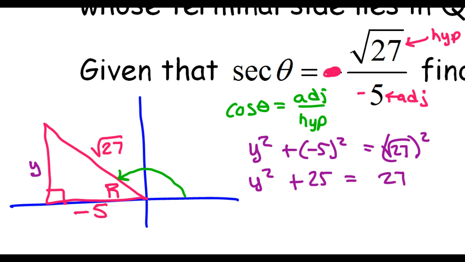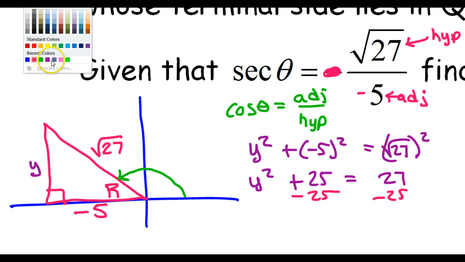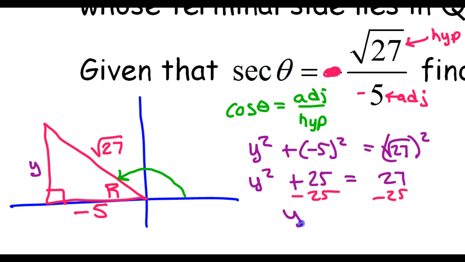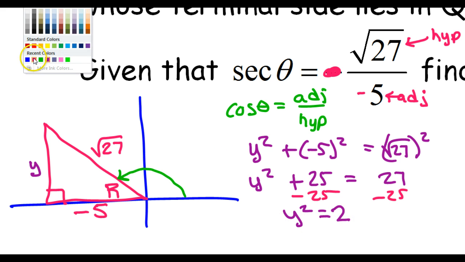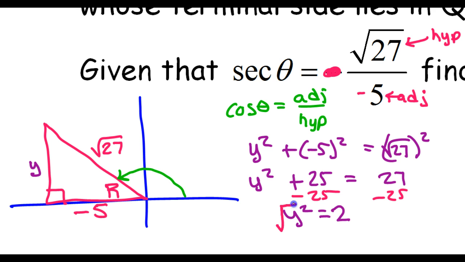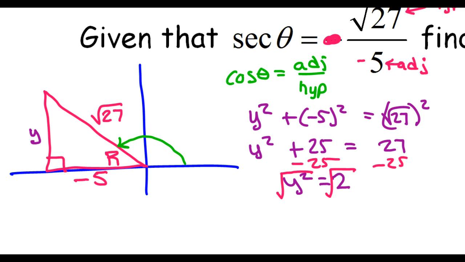We will subtract 25 from both sides, and that gives us that y squared is equal to 2. When you take the square root of both sides, you see that y is equal to the square root of 2. Okay, there you have it.